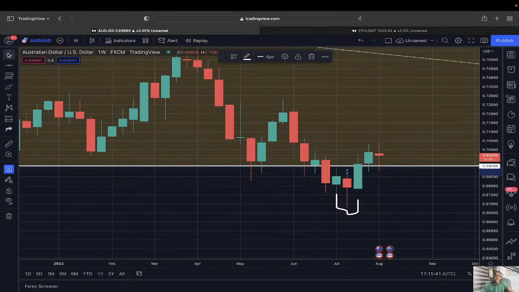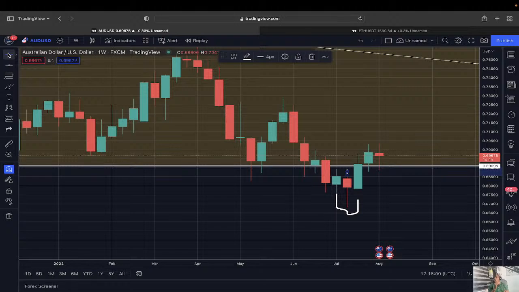Now, a pin bar at a demand zone is a signal of a reverse pattern. Number one, price is at a demand zone.